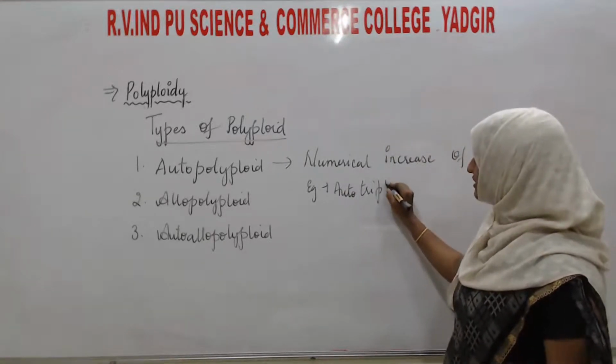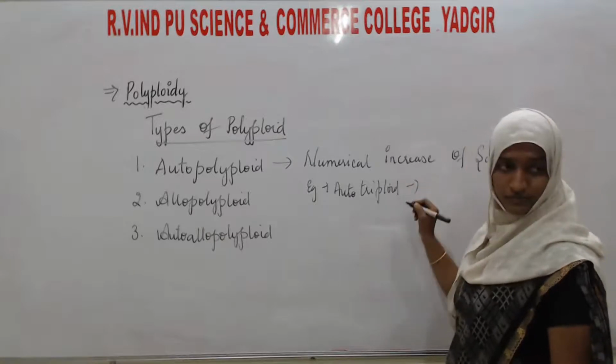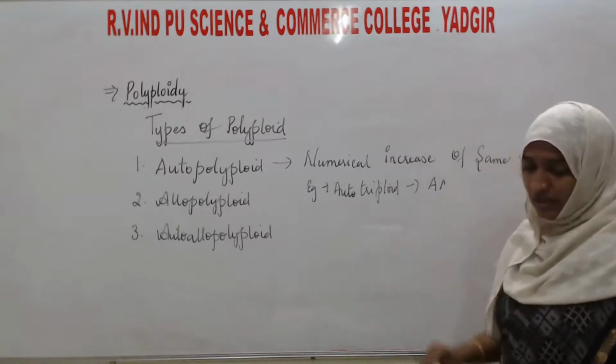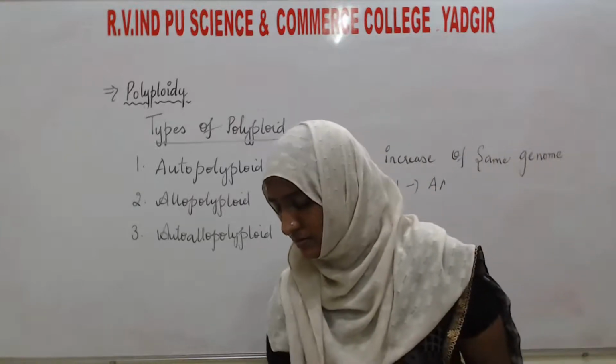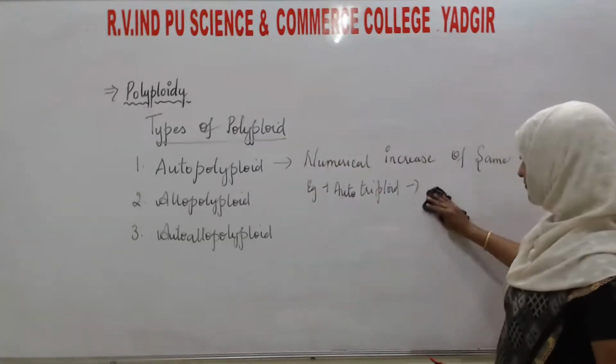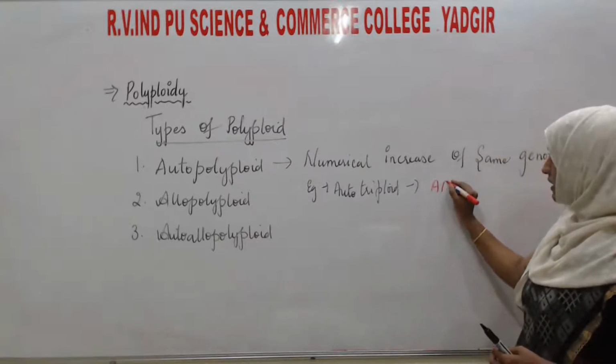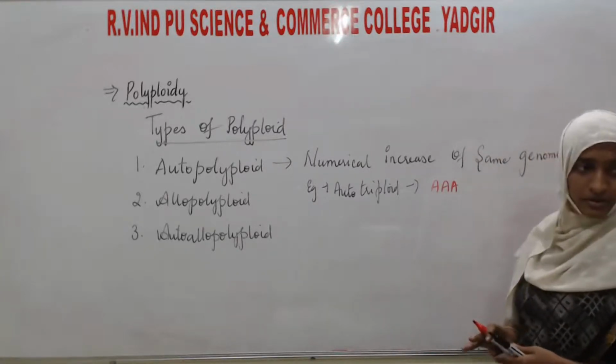Triploid means three sets of chromosomes will be there, so they are represented as AAA.